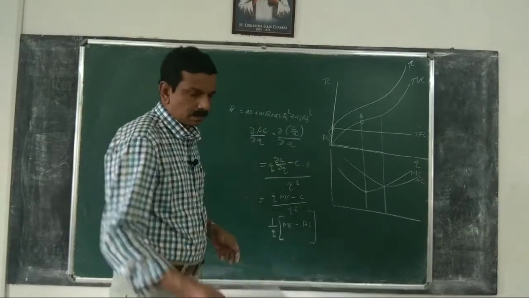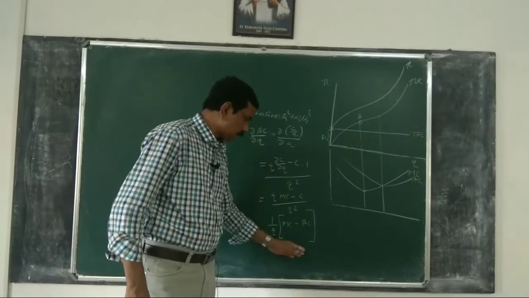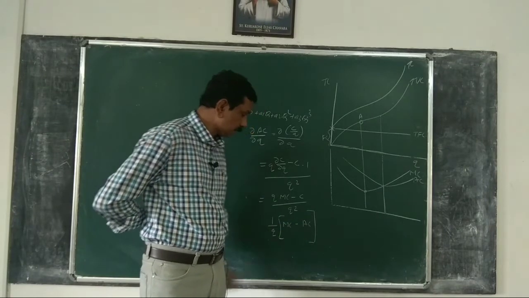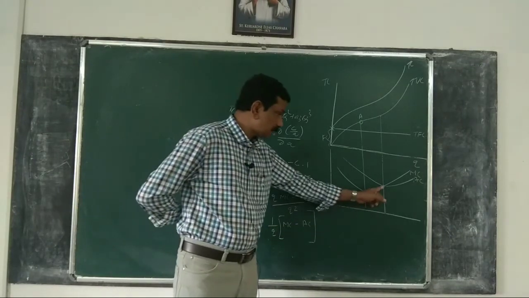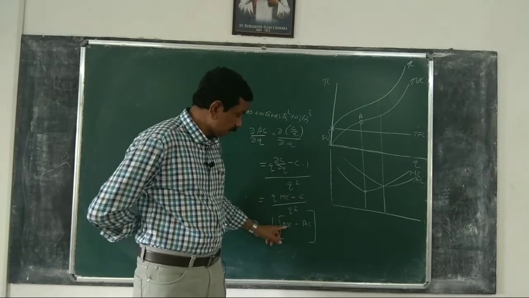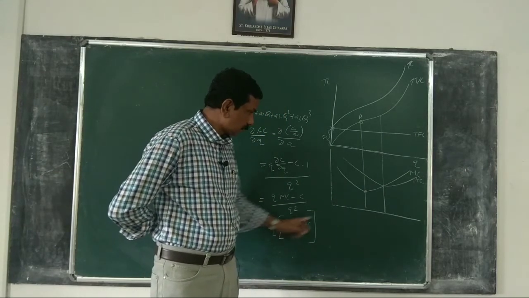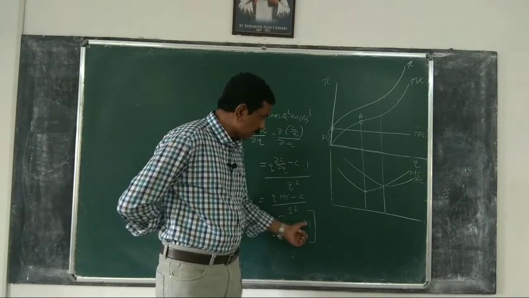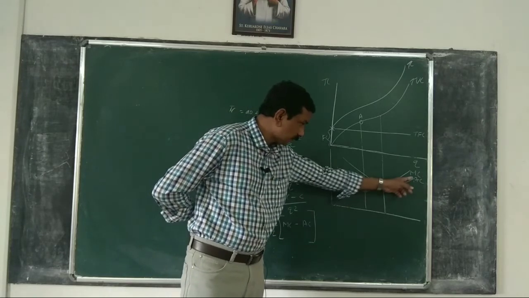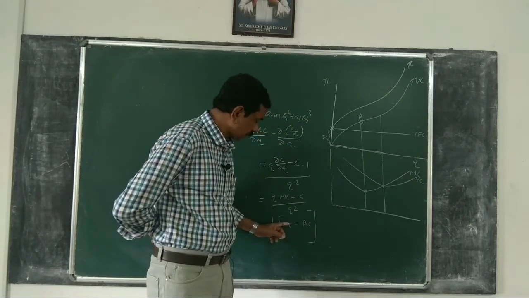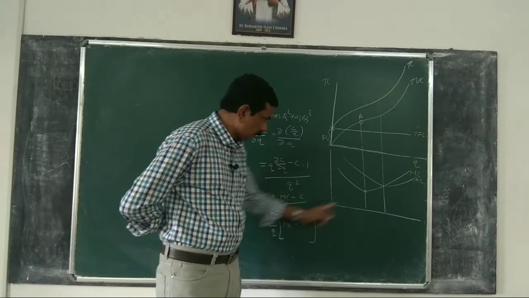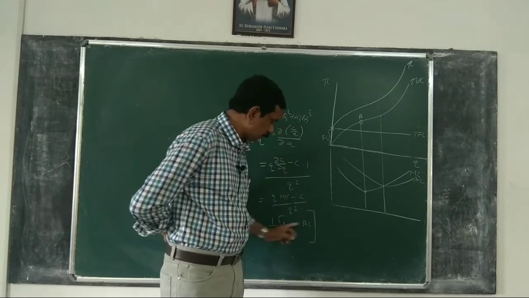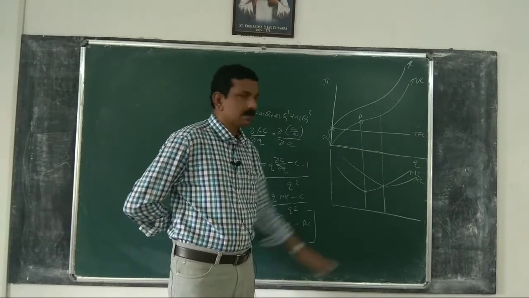This relationship holds for all average marginal relationships. When MC is equal to AC, slope of AC is 0. When MC is greater than AC, slope of AC is positive. When MC is less than AC, slope of AC is negative, like this.